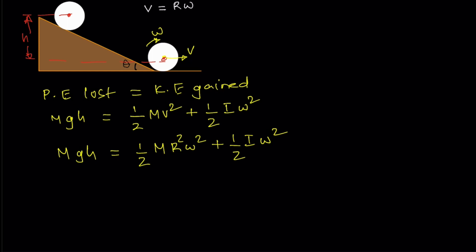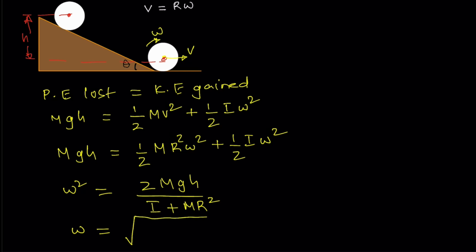I can take omega square common, and I can write omega square as 2mgh divided by I plus mr square. If I need omega, I just have to take a square root. So omega is the square root of 2mgh by I plus mr square. I think we have the required expression.